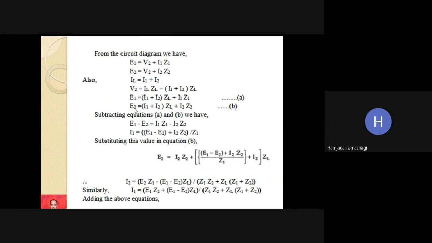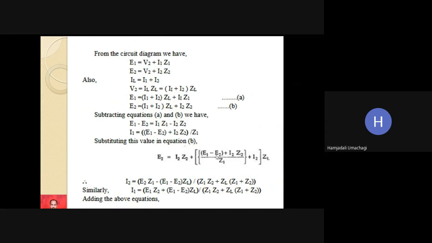Then the equation becomes E2 is equal to I2 Z2, keeping it as it is, plus, with I1 substituted by this whole expression, E1 minus E2 plus I2 Z2, whole divided by Z1, plus I2 into ZL. So wherever the I1 term appears, replace it by E1 minus E2 plus I2 Z2, whole divided by Z1.